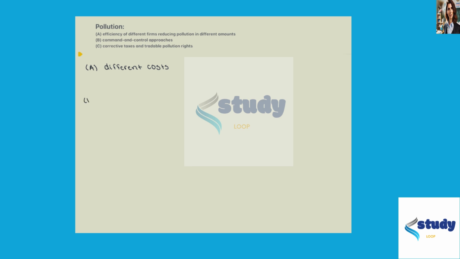Part B here is asking us about the command and control approach and why it generally is ineffective at targeting firms who really need to undertake larger pollution cuts, however, don't. So why is this approach typically ineffective? It's because it requires these firms to reduce only by some certain amount, and once that amount is reached, they can begin polluting again.